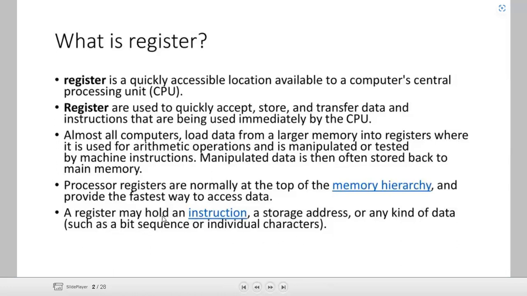Why would it need to store an address? To point to where the information is.